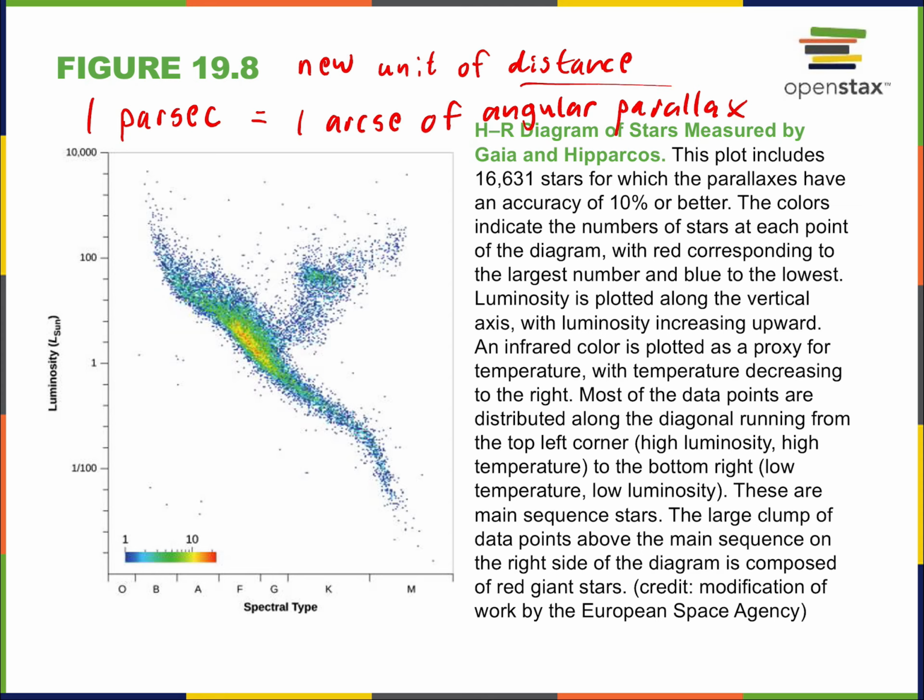So what does it say in other units of distance? Well, a parsec is equal to 3.1 times 10 to the 13 kilometers. And that is equivalent to 3.26 light years.